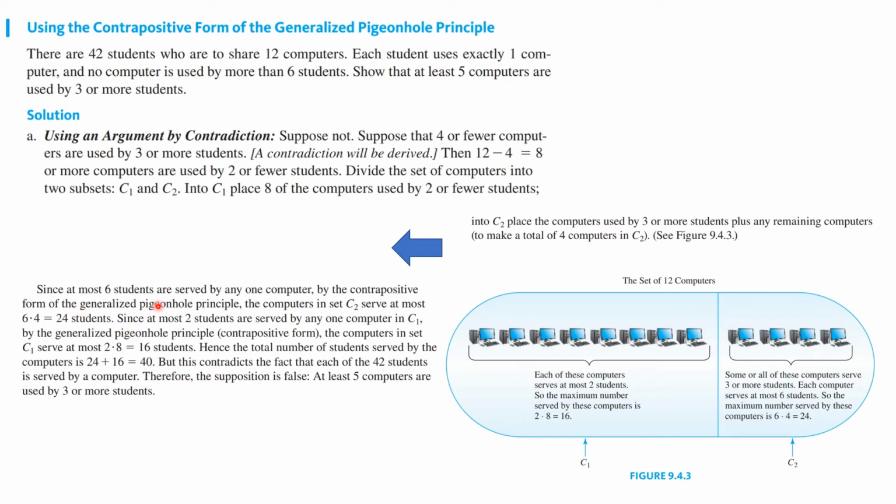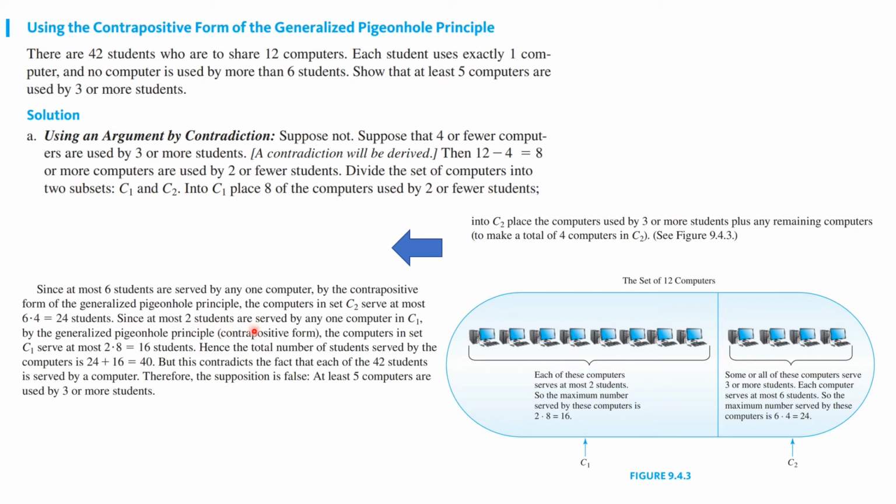Since at most 6 students are served by any one computer, by the contrapositive form of the generalized pigeonhole principle, the computers in set C2 serve at most 6 times 4, or 24 students.